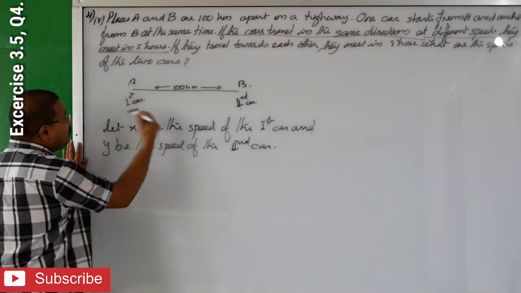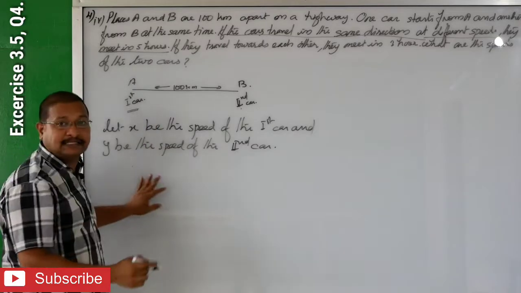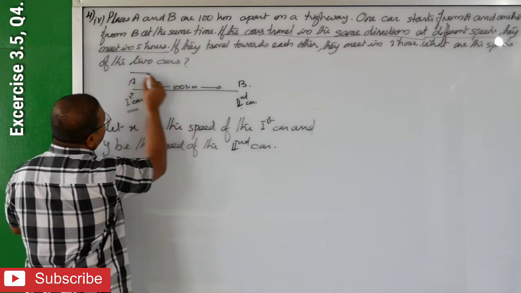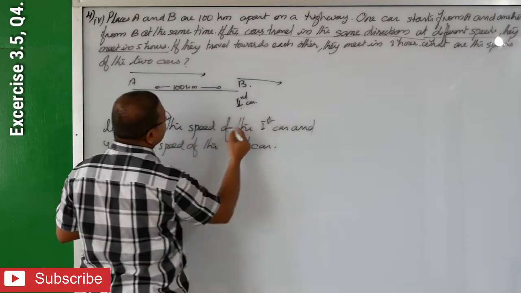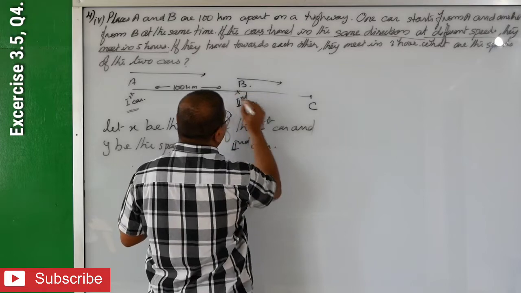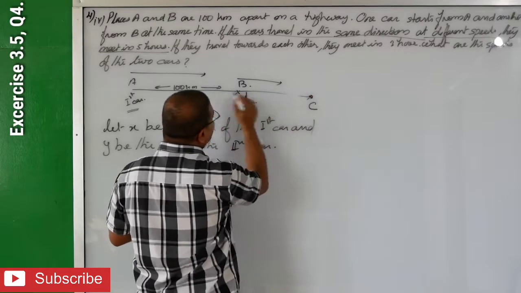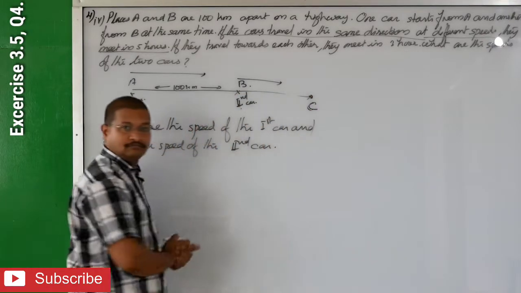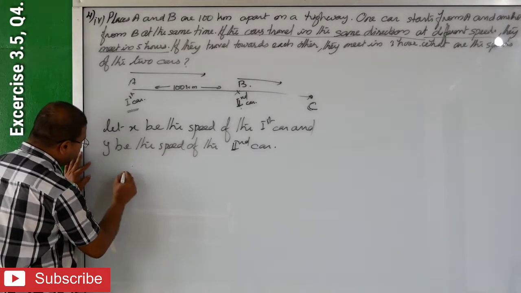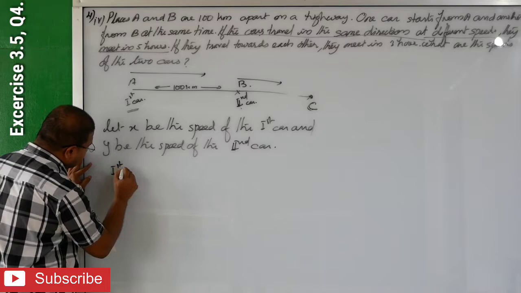Ready? They meet in 5 hours means both car takes 5 hours each. But the thing is that they go in the same direction. What will happen? They meet in one another place, we keep it as C. See, the place where these two cars is going to meet is C. Ready? That means what you will do means, first we will see first car.